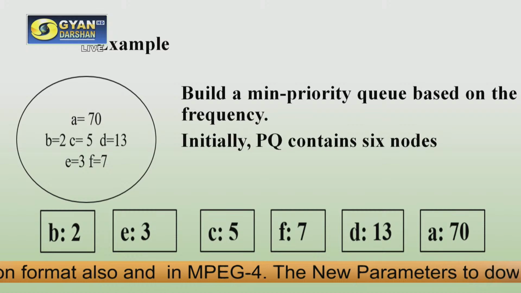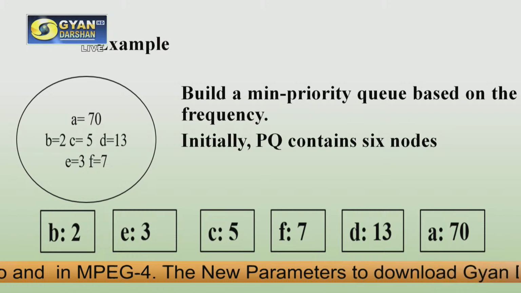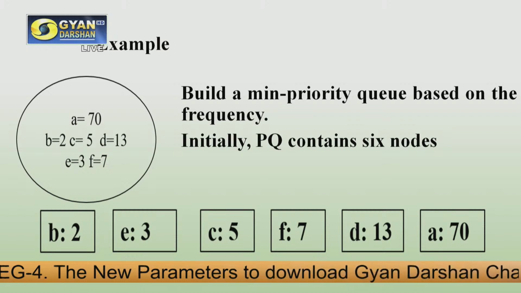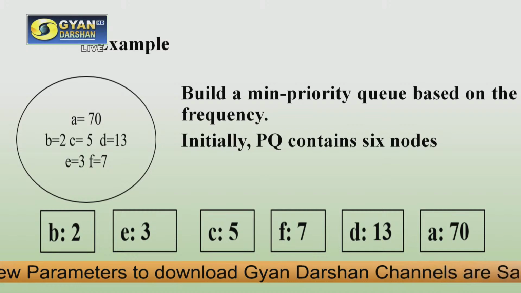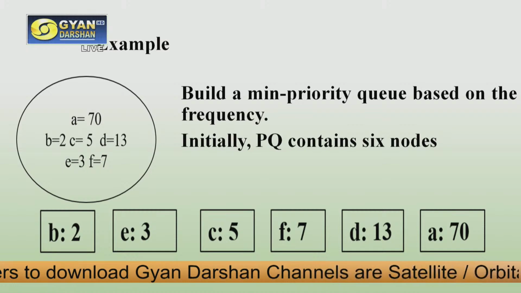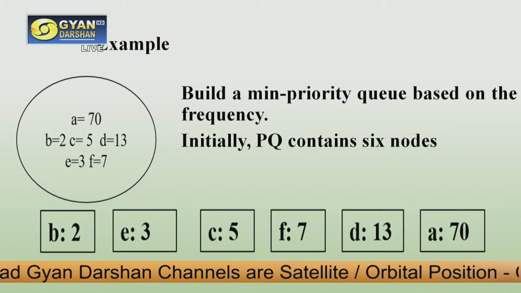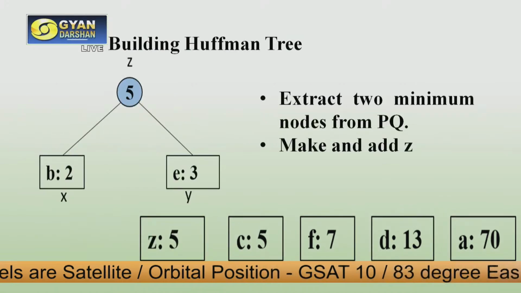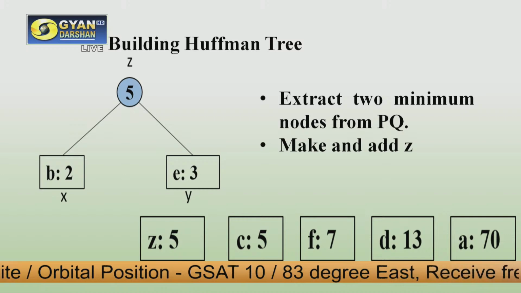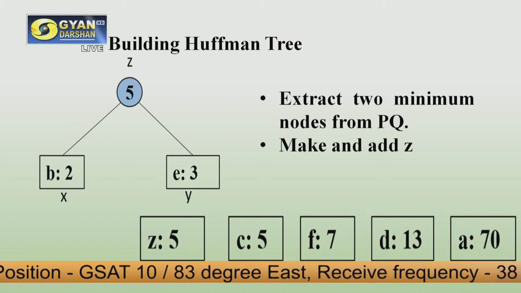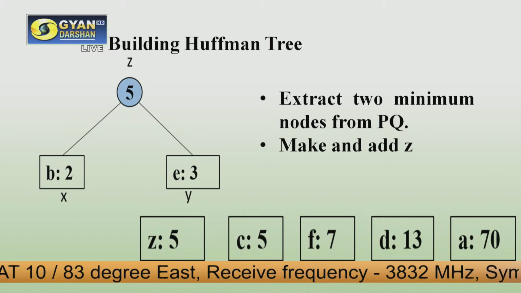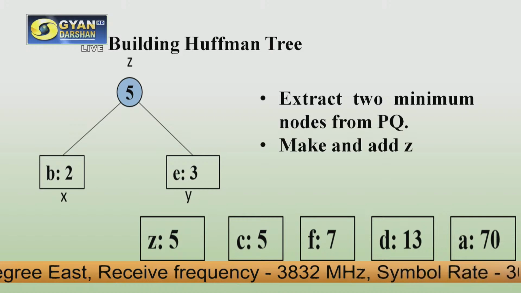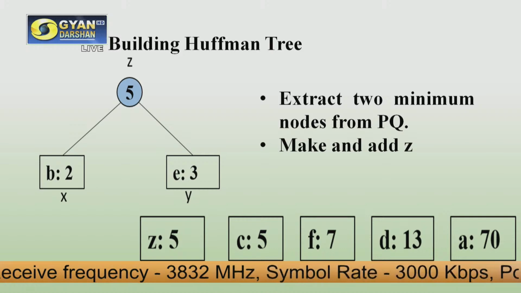Now, as per our process, we need to pick up 2 nodes, B as well as E, and make a tree of these 2 nodes. So we pick up B and E and make a subtree Z, which you can see in the diagram.